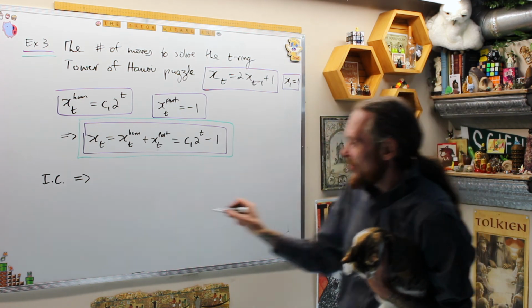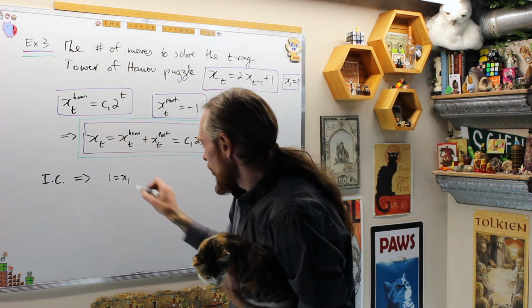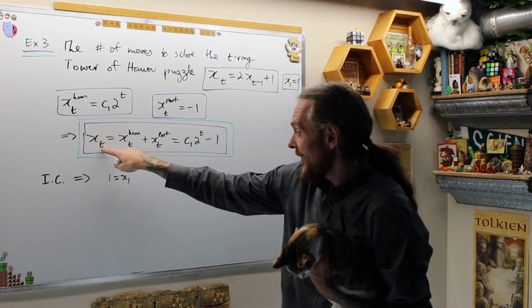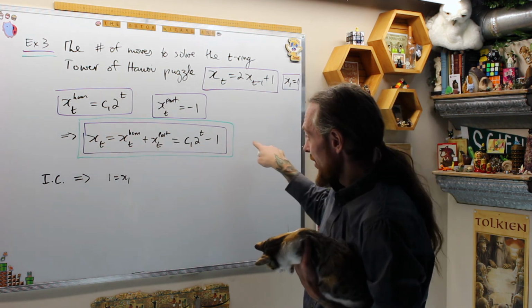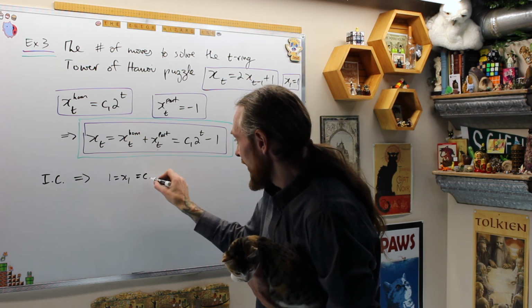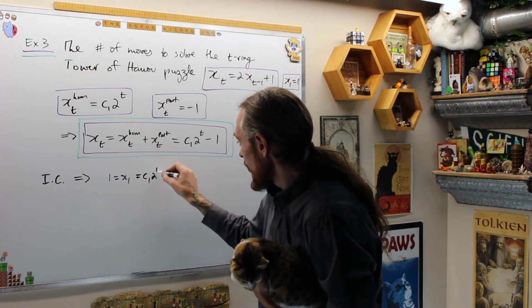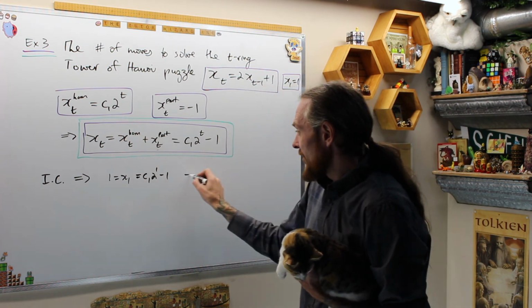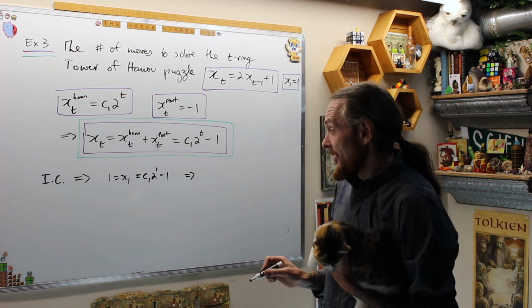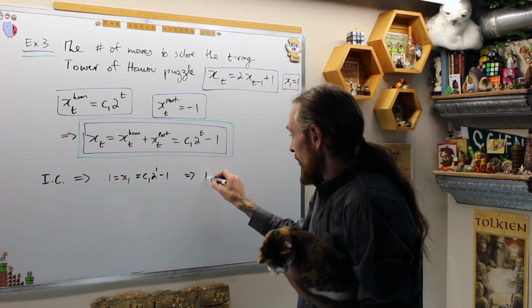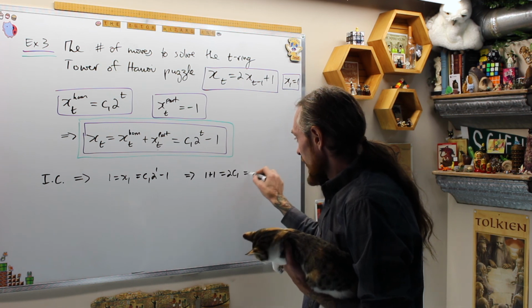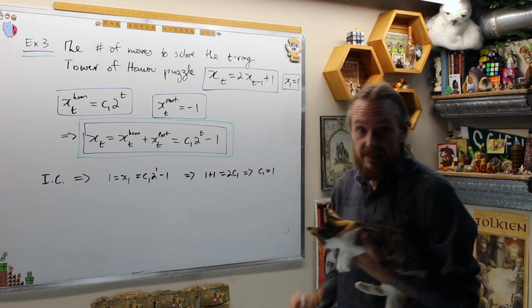All right, what do we do from that? From the initial conditions, we know that 1 is equal to x_1, and then I put that into this closed form. That tells us that will be c1 times 2 to the 1, minus 1. Move this to the other side: 1 plus 1 equals 2c1, which implies that c1 is in fact the number 1.